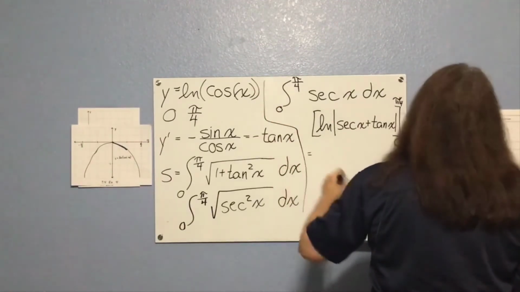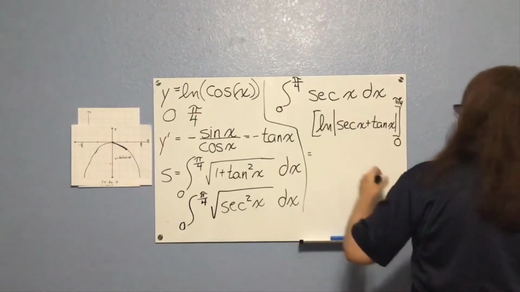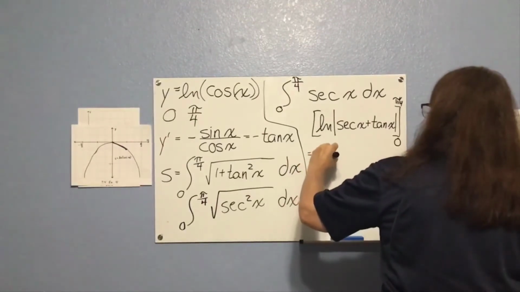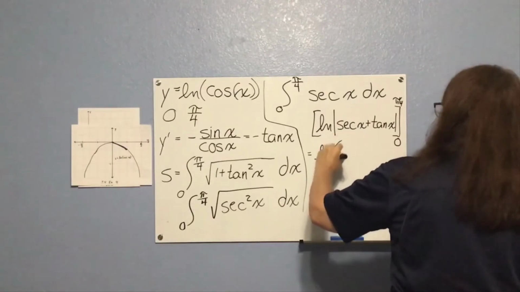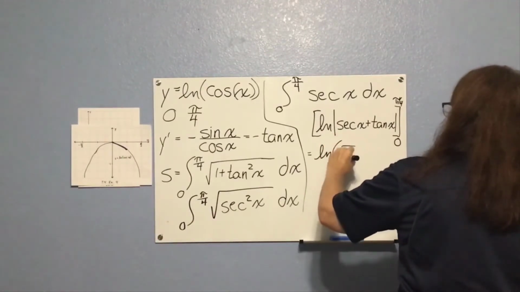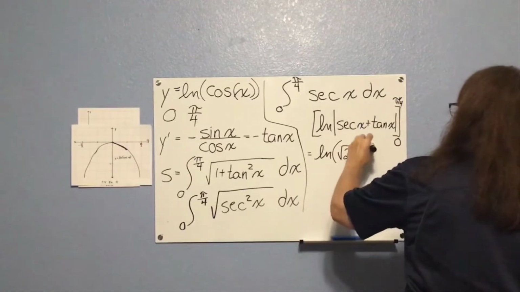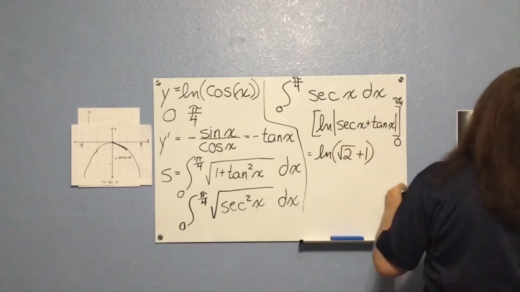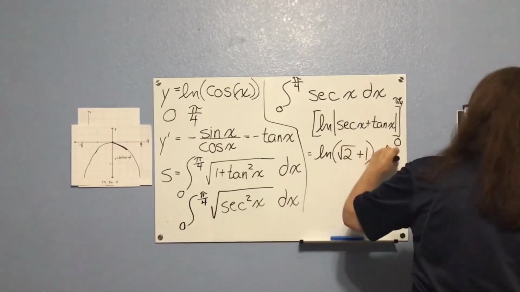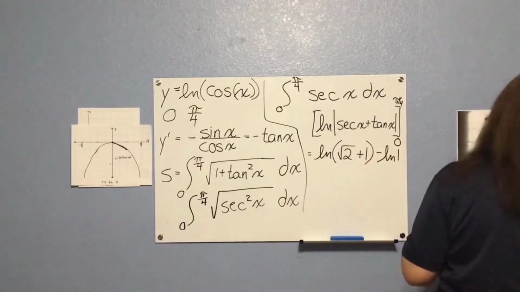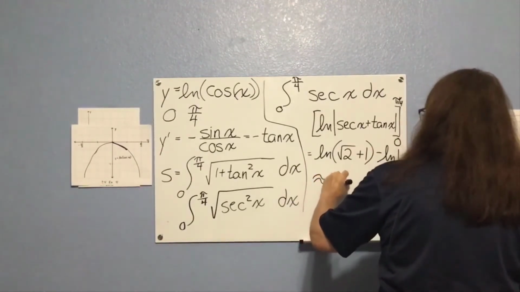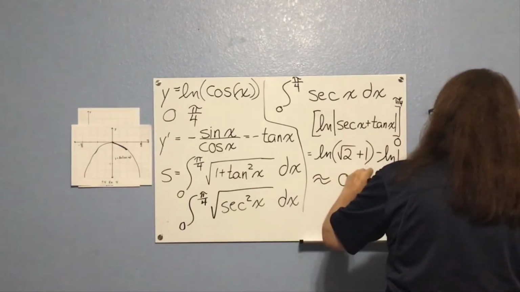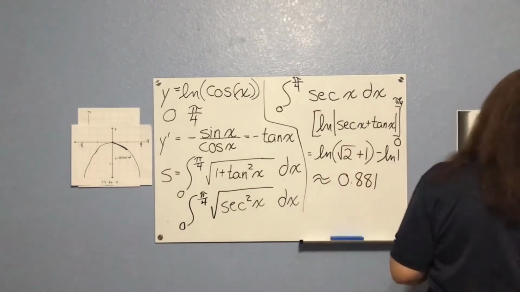And this gives us natural log of the square root of 2 plus 1 minus natural log of 1, which is approximately equal to 0.881.